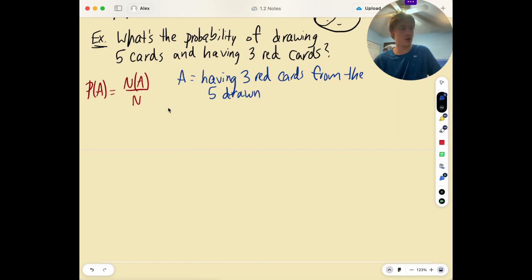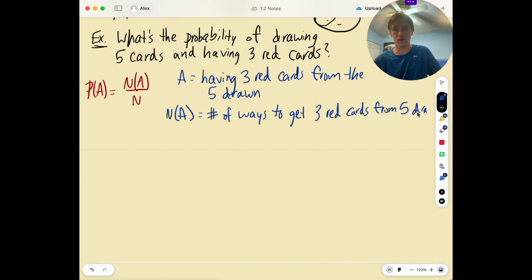Then the number of ways that can happen is simply the number of ways to get 3 red cards from the 5 drawn.